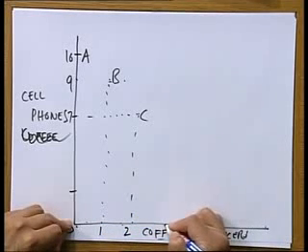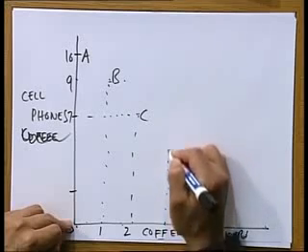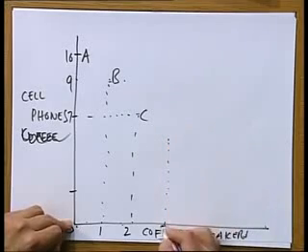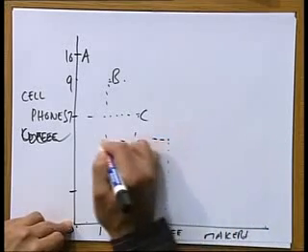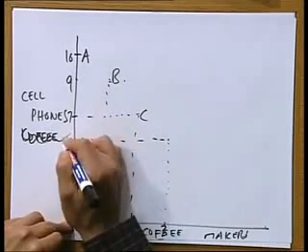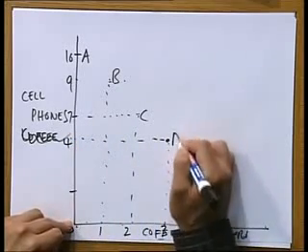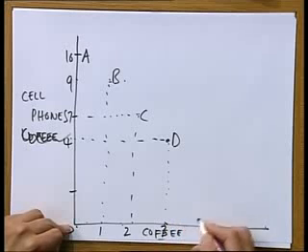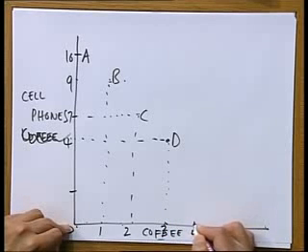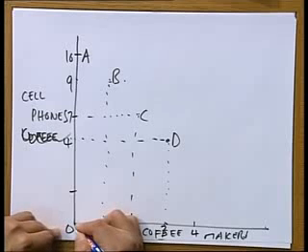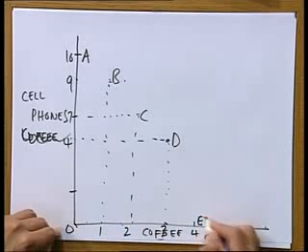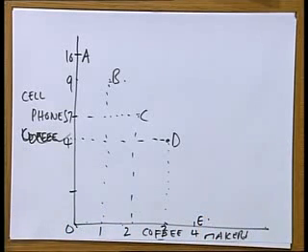And then combination D is reflecting 3 coffee makers and 4 cell phones. And the last combination is combination E, that is reflecting 4 coffee makers and 0 cell phones.